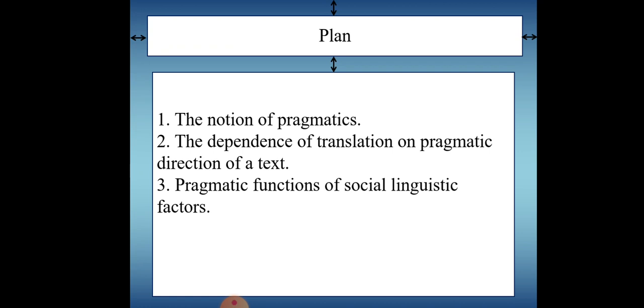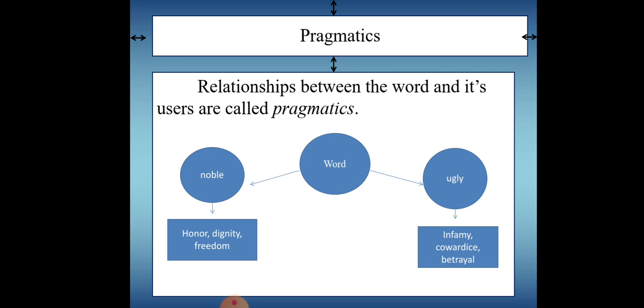Words in language are related to certain reference which they designate, and other words of this same language with which they make up syntactic units. These relationships are called semantic and syntactic respectively. Words are also related to the people who use them.